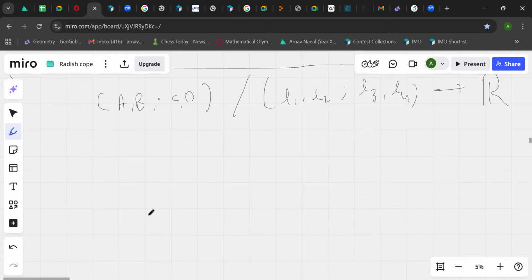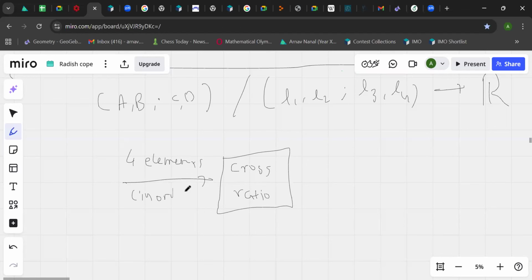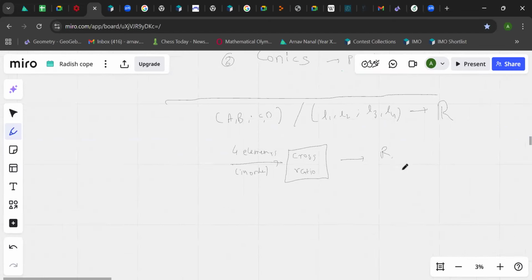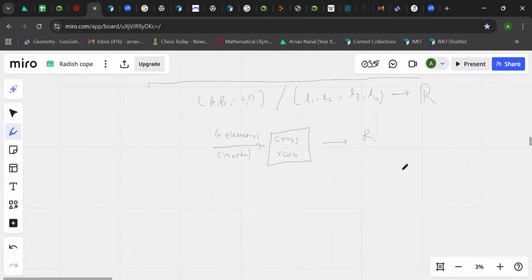We won't really care about it most of the time, except when it's -1. I'll just keep it a black box for now. So we have a cross ratio, some function. We will see why this is good. It takes in 4 elements, in order of course, and gives you a real number output. This is what we mean by a cross ratio.